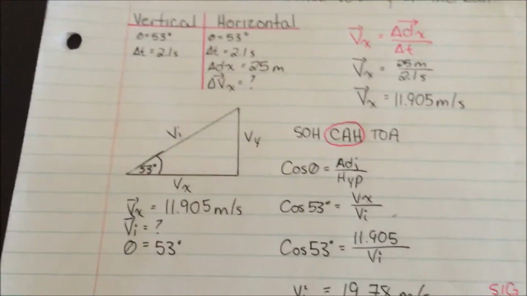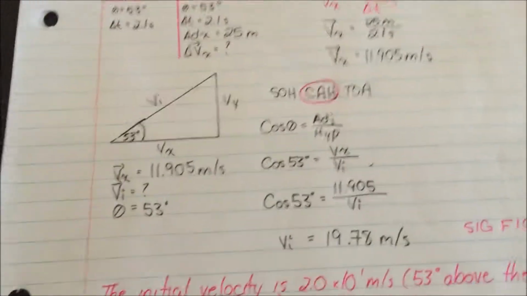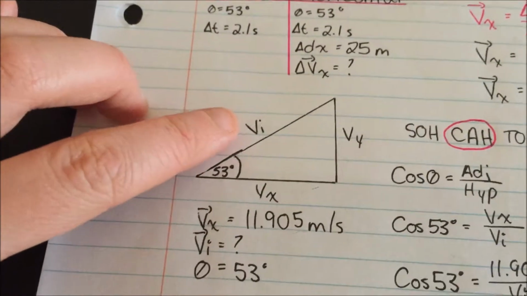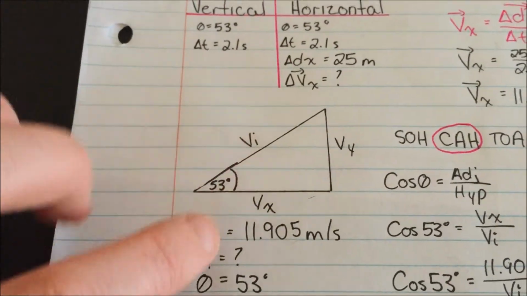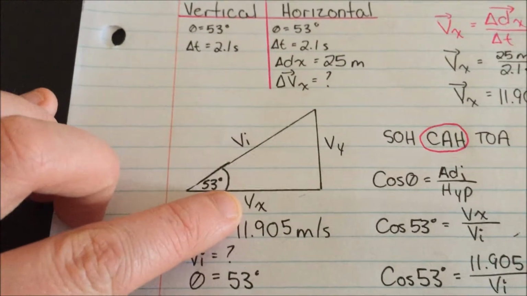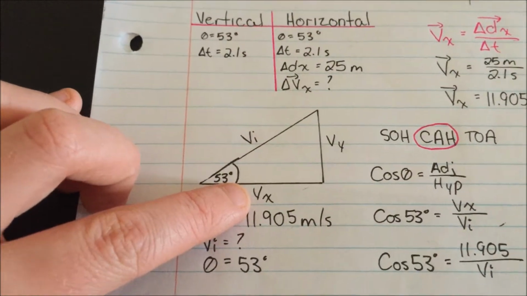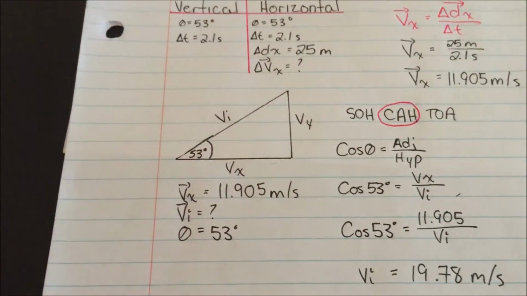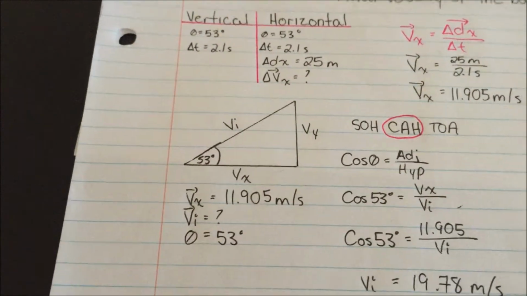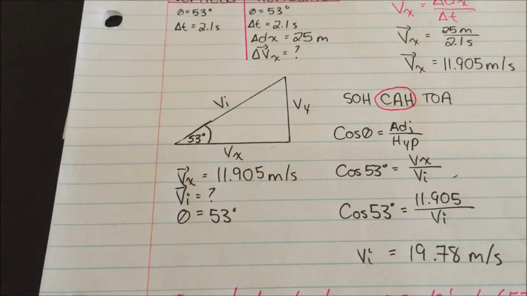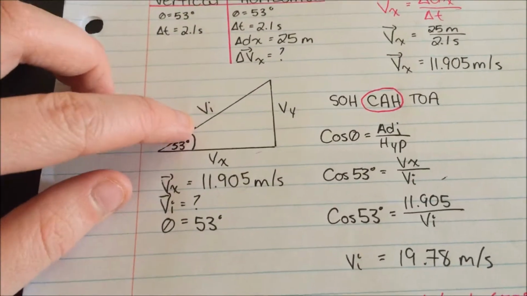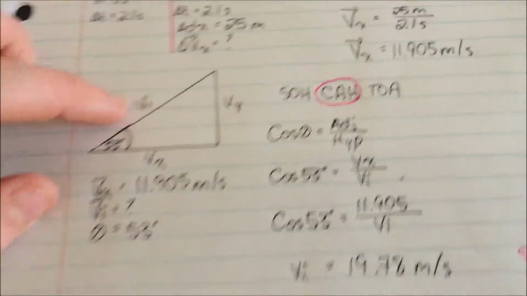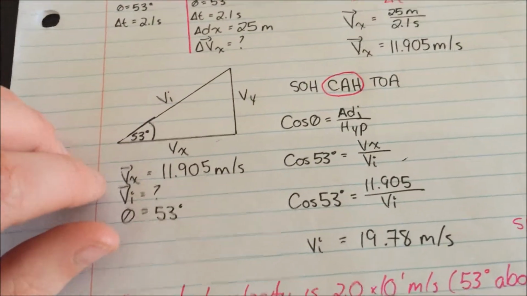The next step is to use this triangle, which shows that our initial velocity squared is equal to your velocity in the x component squared plus your velocity in the y component squared, which is the Pythagorean theorem. So in order to find your overall initial velocity, which is your hypotenuse, you can use SOHCAHTOA, which we would use cosine.